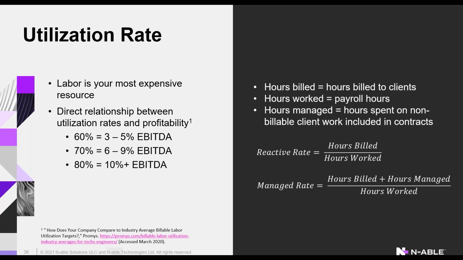And we need to be optimizing this particular KPI because more than anything, does it put us into higher profits? We can see here 2 points. First off, understood point. Labor is your most expensive resource, hands down.